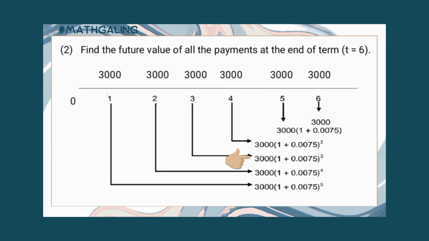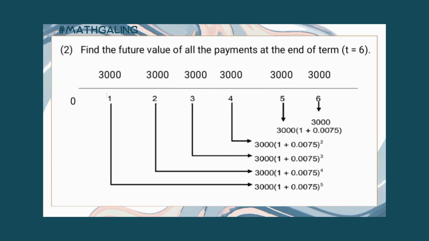So 3,000 pesos times 1 plus 0.0075 to the power of 3, because 6 minus 3 is 3. Next, we are now in the fourth month. So 3,000 times 1 plus 0.0075 to the power of 2.